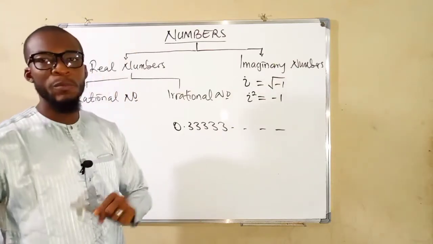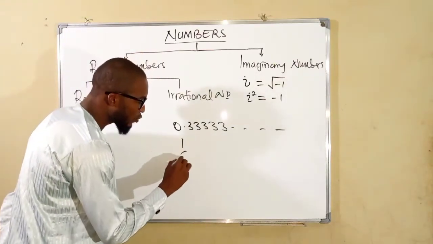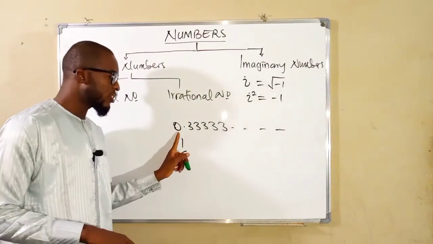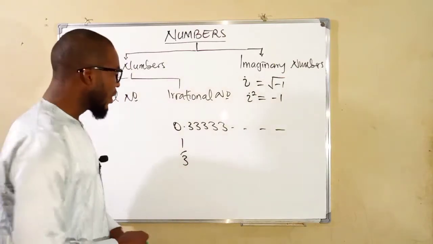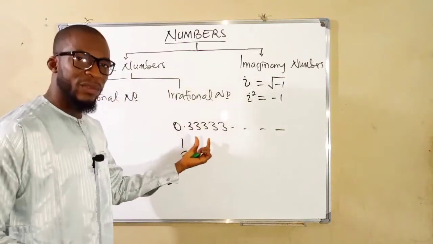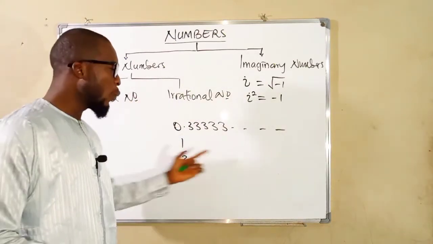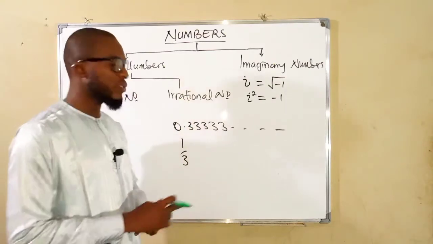These types of numbers are also rational numbers because they can be expressed as 1 over 3. In our next class, I'm going to show you how to transform these decimal numbers into fractions or rational numbers. So terminating decimal numbers and non-terminating decimal numbers with recurring values are all rational numbers.